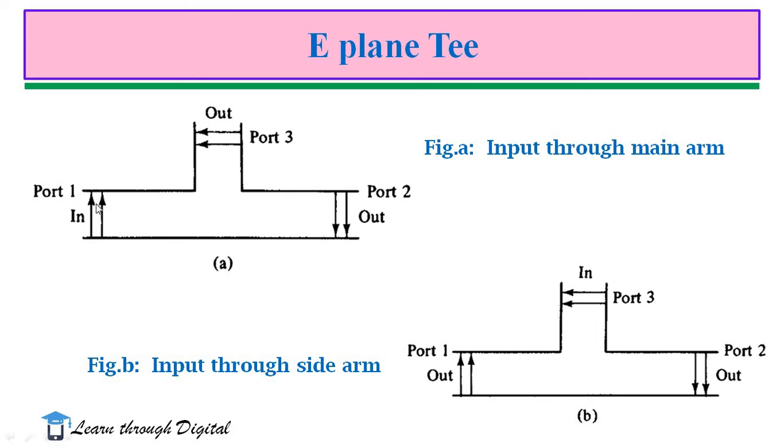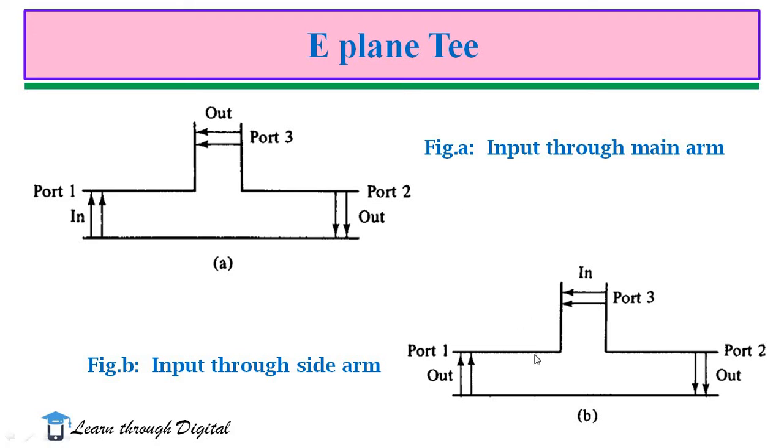If the input waves fed at port 1 and 2 are of same magnitude and same polarity, there will be no output at port 3, it will get cancelled. This is one way of transmission through the E-plane T junction.